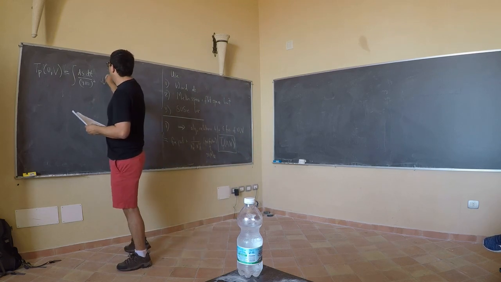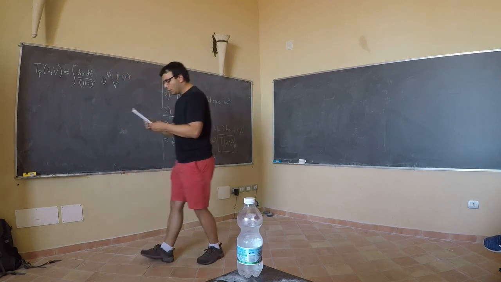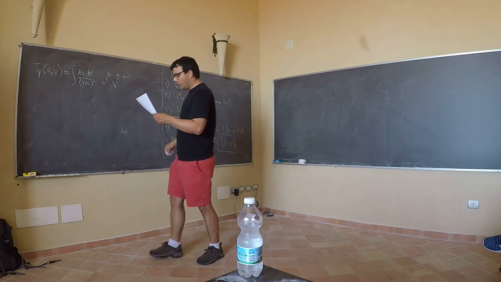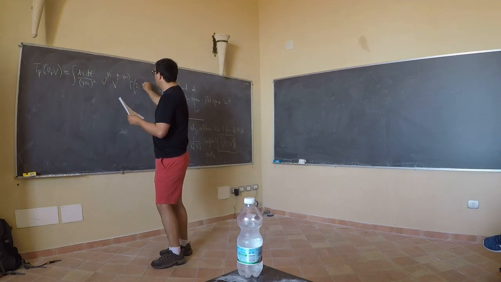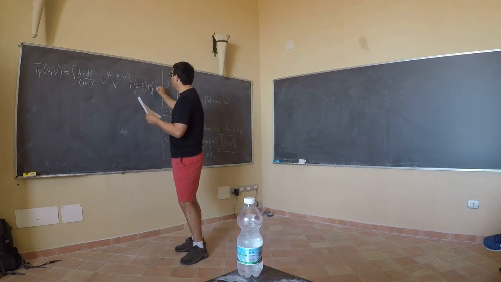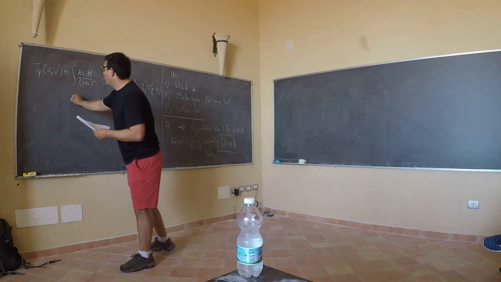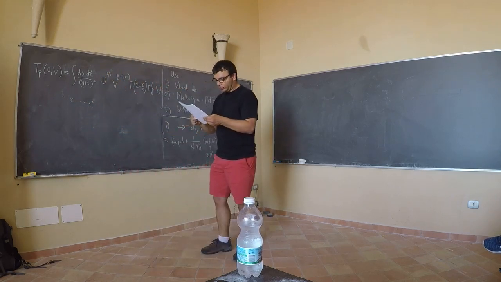There's U to the S over 2, V to the little u over 2 minus V plus 1, and there are some gamma functions: gamma of 2 minus S over 2, gamma of V minus S over 2, and 4 more gamma functions that depend on T and little u.